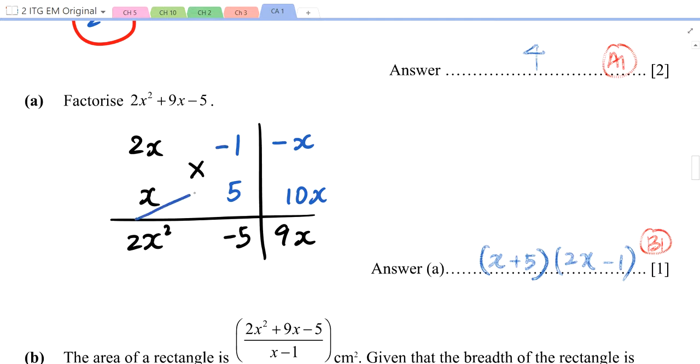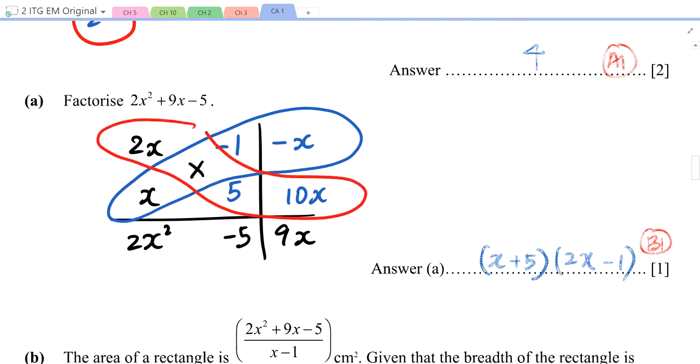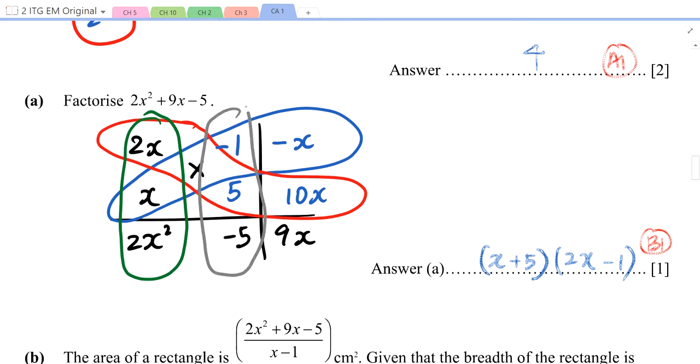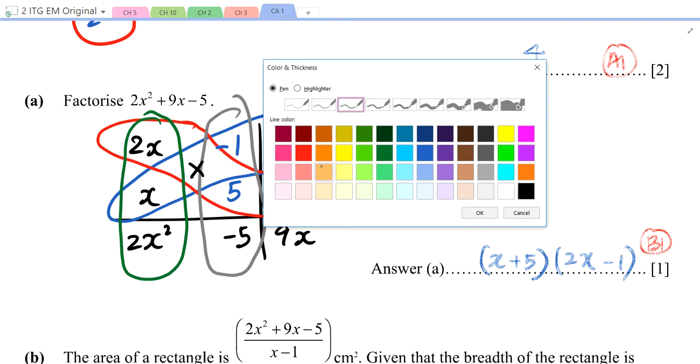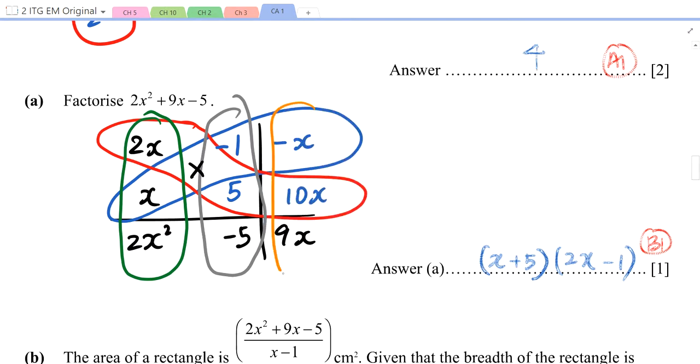So that x times negative 1 gives me negative x. 2x times 5 gives me 10x. 2x times x gives me 2x squared. Negative 1 times 5 gives me negative 5. And finally, negative x plus 10x gives you 9x.